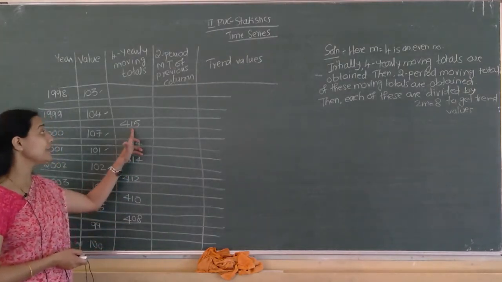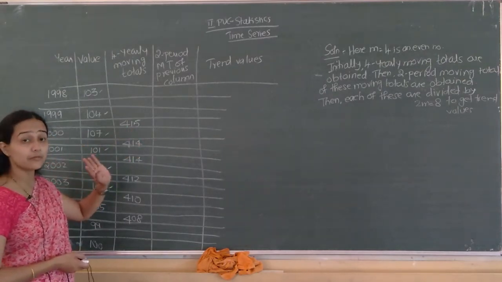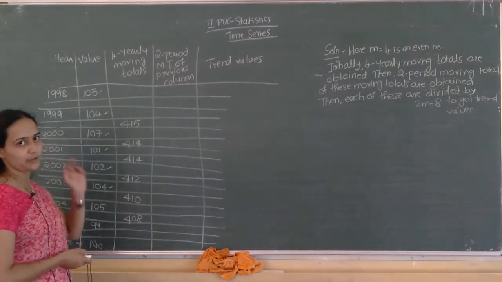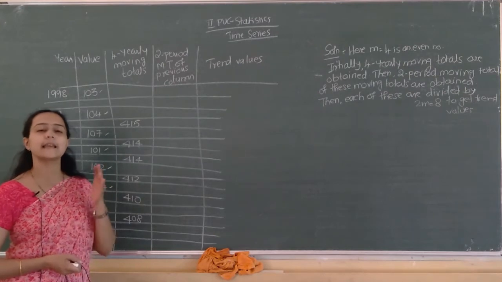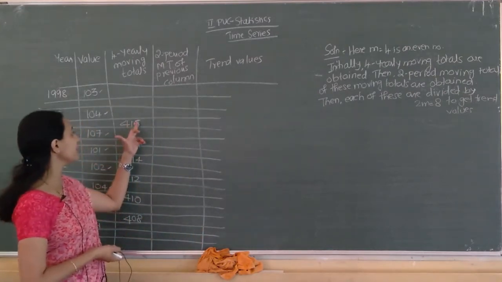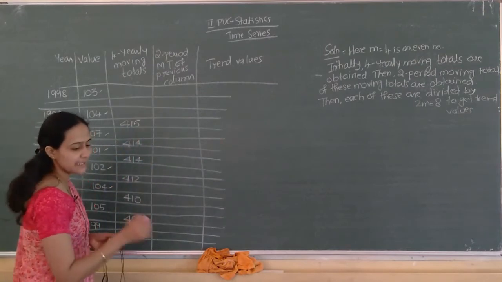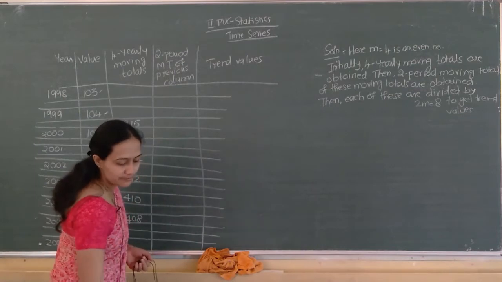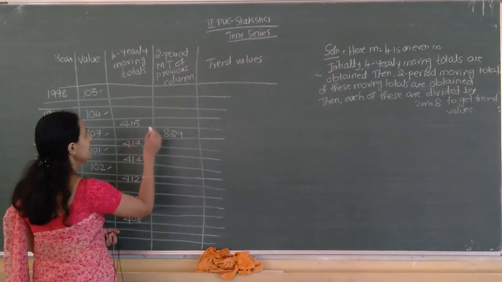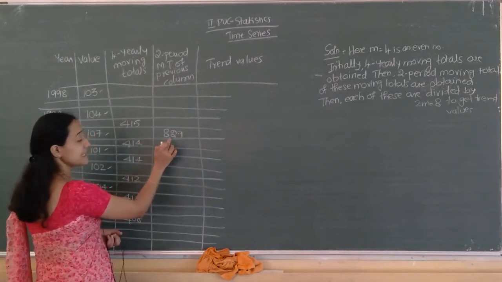After that what we have to do? See here, if we directly do 415 divided by 4, it doesn't coincide with the actual time point. So what we are doing is, again we are taking 2 period moving total, that is 415 plus 414, right in the middlemost, that is 829.